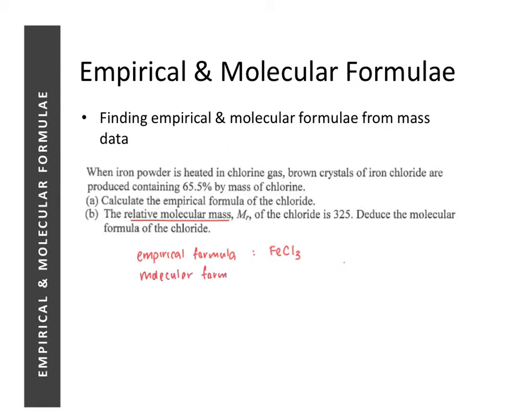To do that, we need to recall that the molecular formula is n times the empirical formula. So to obtain the molecular formula, the first thing we need to do is find the value of n. To find n, we also recall that the molecular mass is n times the mass of your empirical formula.